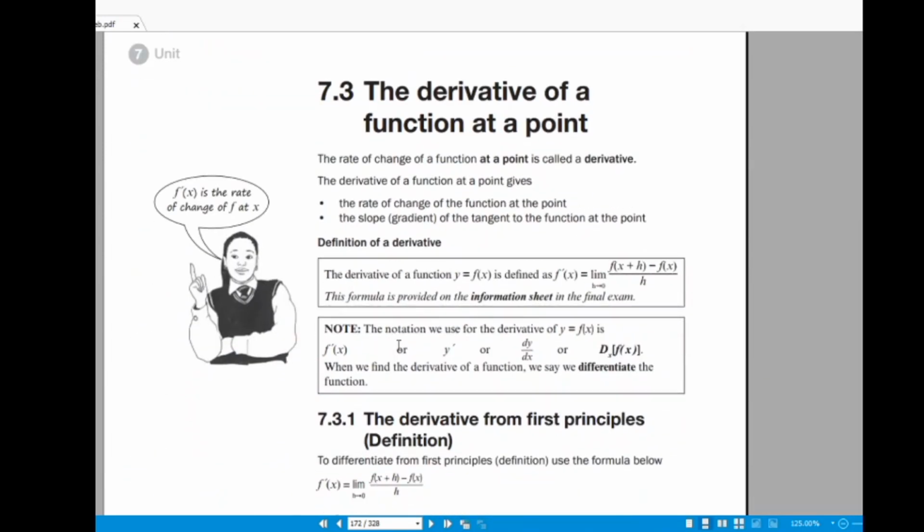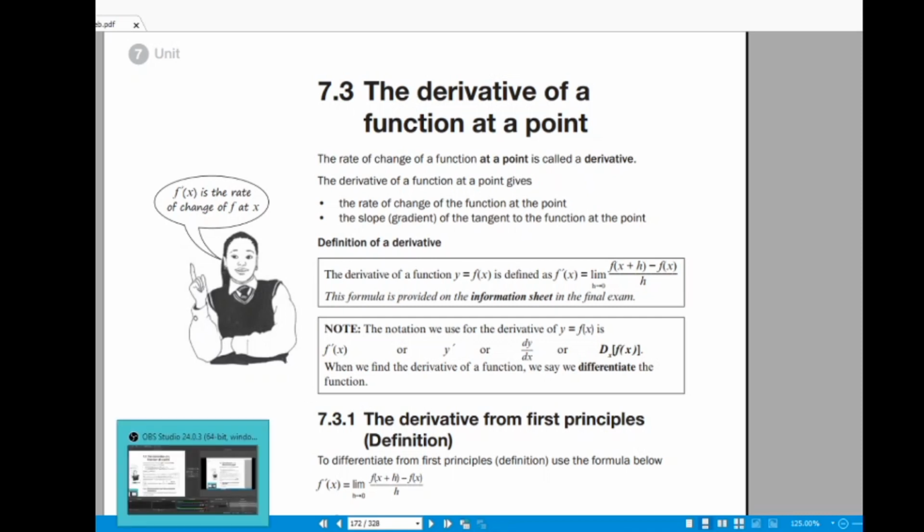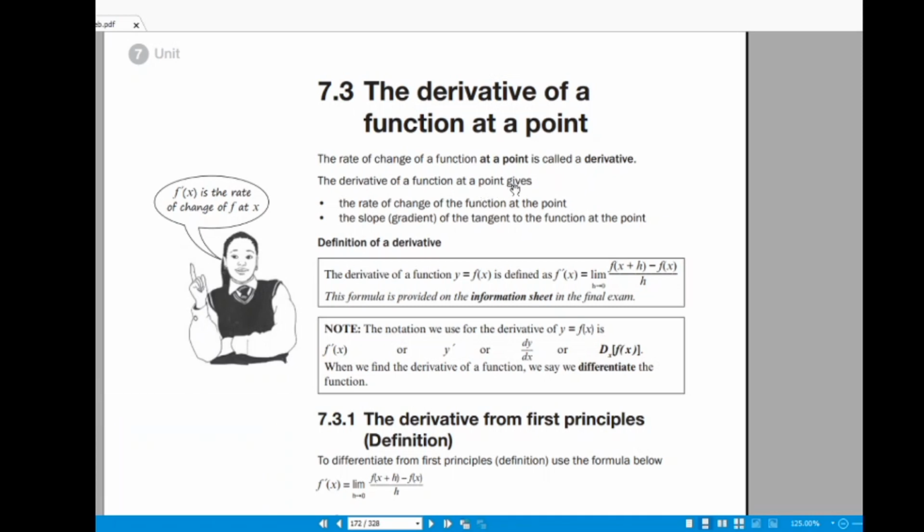And then now we move on to the derivative of a function at a point, right? Here they're saying the rate of change of a function at a point is called a derivative. So a gradient at a point is sort of like a derivative. The derivative of a function at a point gives the rate of change of the function at that point.